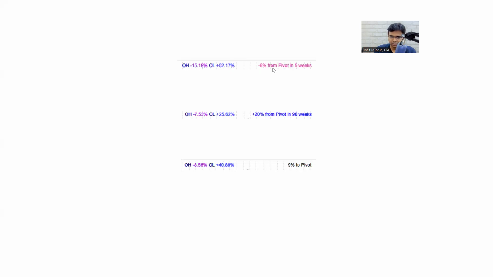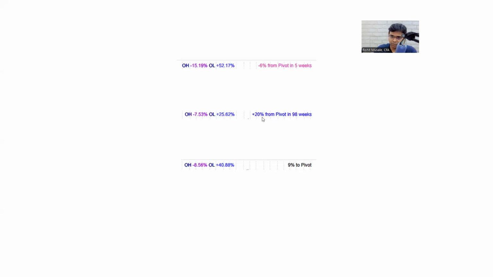And even though the stock is trading 6% below the pivot, it is still trading 52% above the 52-week low. Okay, so its stock has gone up significantly. Here, although the stock has gone up 20% above the pivot, it is still trading minus 7%. It's still trading 7% below the high.